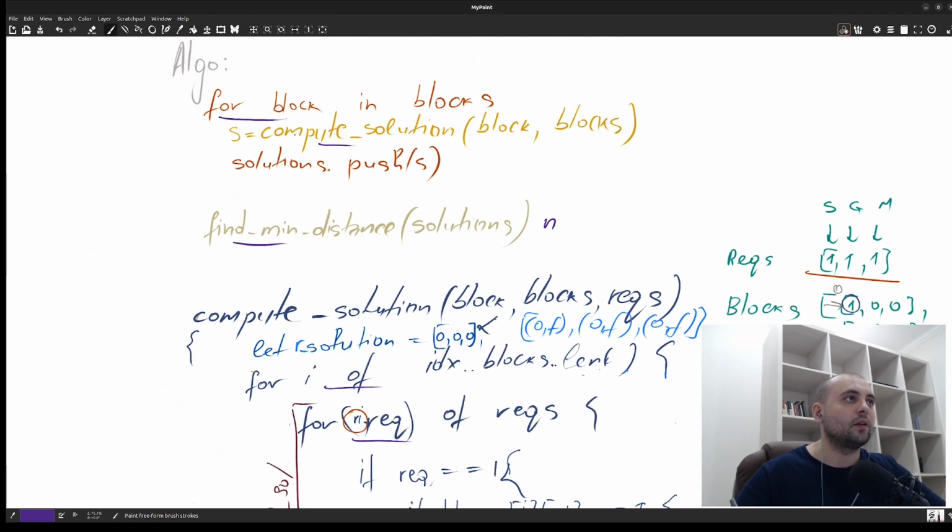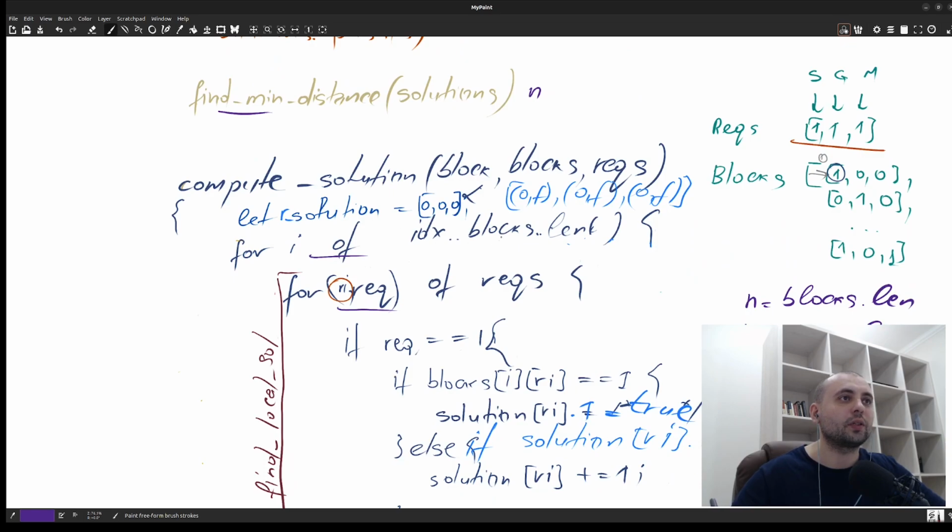Loop number 1 will be n. Compute solution has another loop inside, which is iterating for left and right.